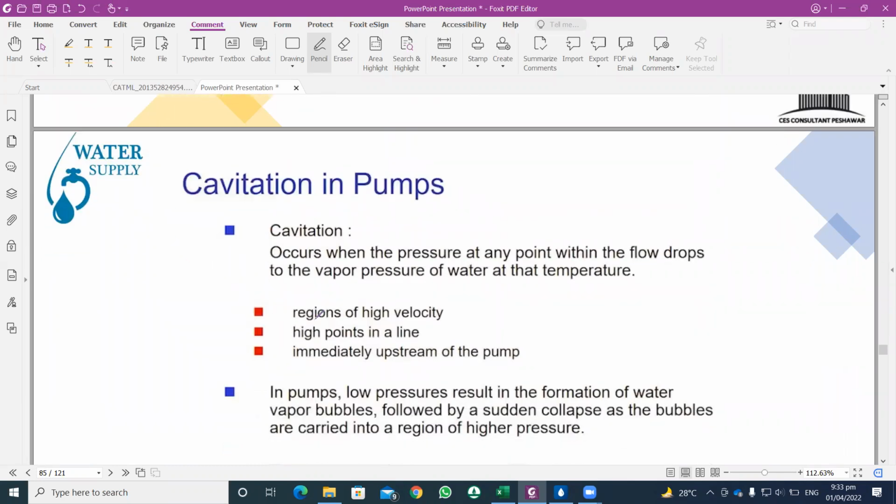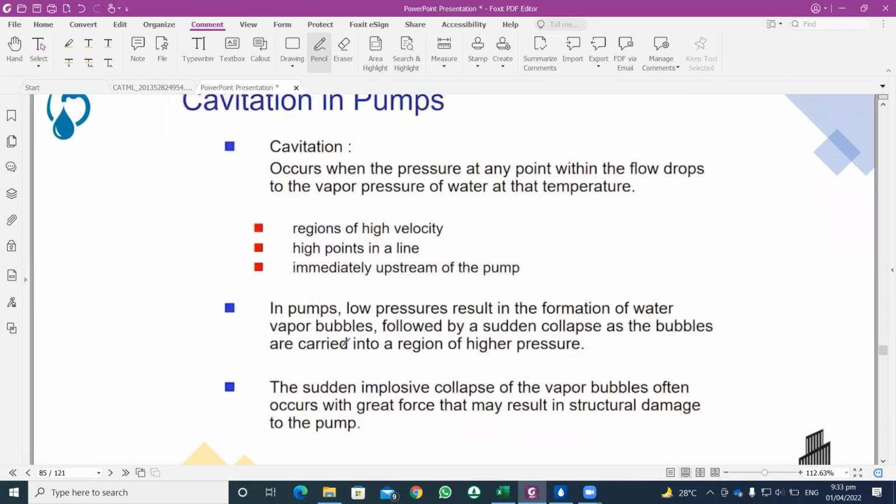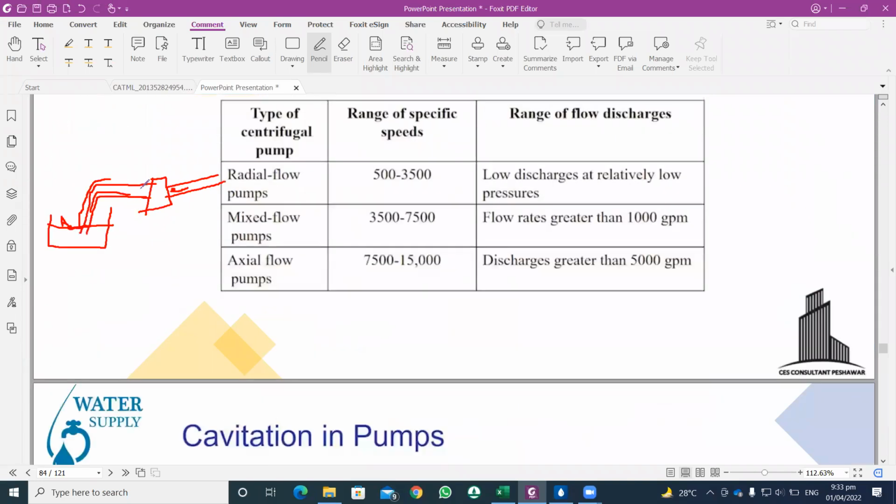So it's basically the region of high velocity and low pressure in a line immediately upstream of a pump. In pumps, low pressure results in the formation of water vapor bubbles followed by a sudden collapse as the bubbles are carried into the region of higher pressure. At this point the pressure is low.